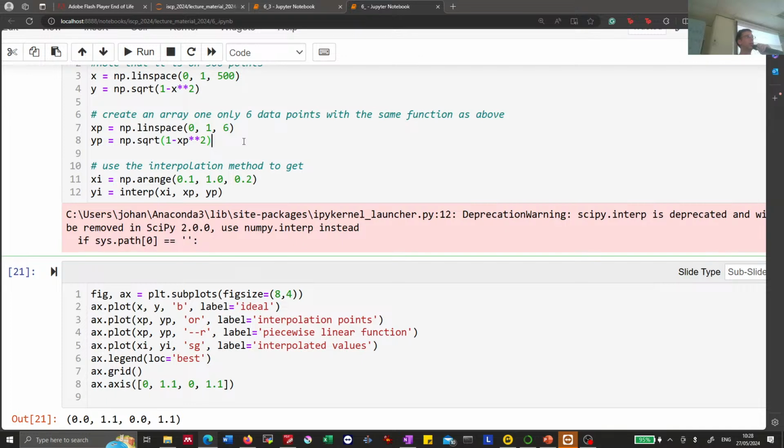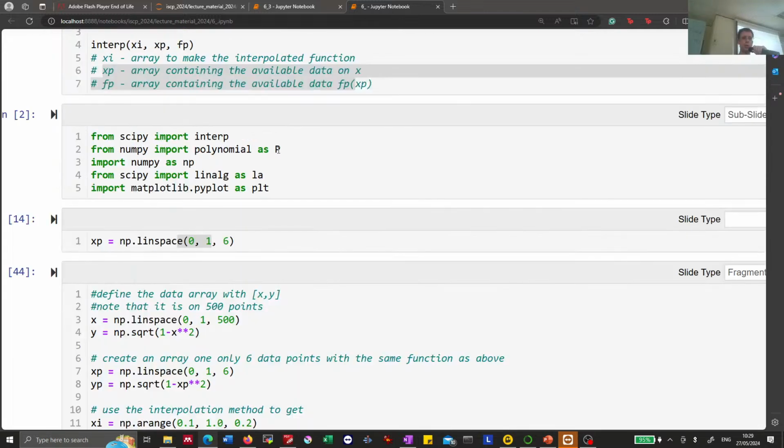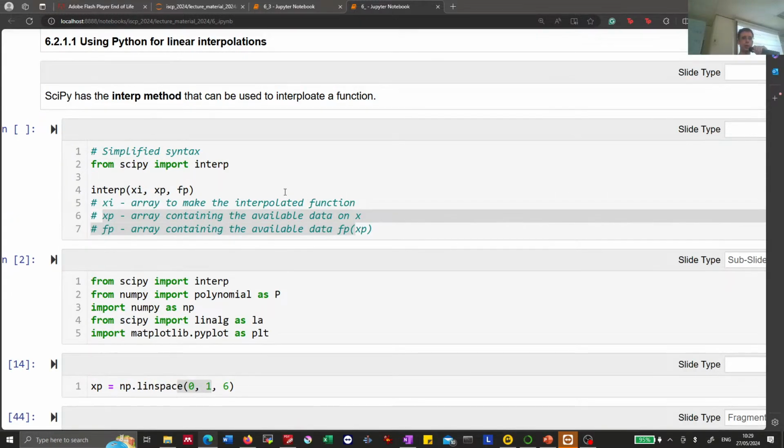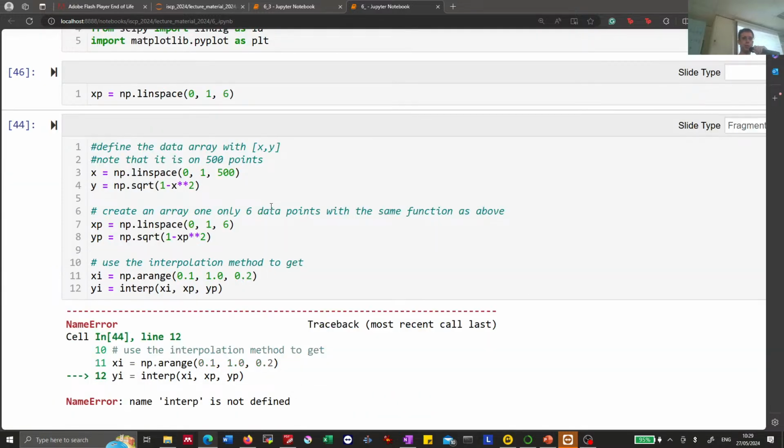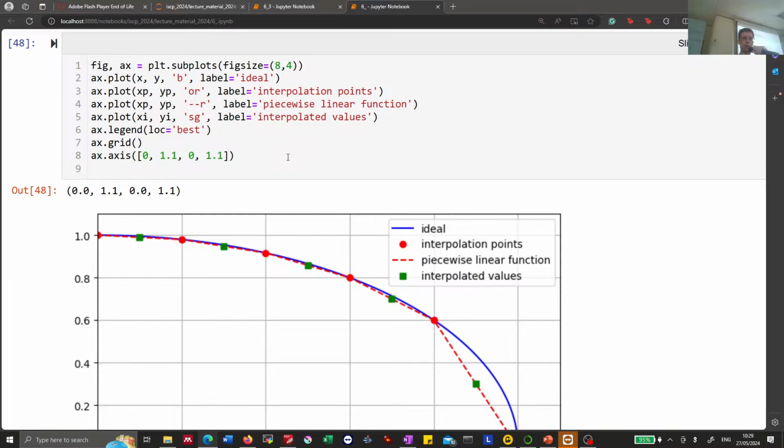So the only difference is once I sample very sparsely, meaning with large distances between the points, and once I sample very densely, meaning very short distances between the points. Good. Execute. Does it work? No, we need to import. We need to run xp. Very good.